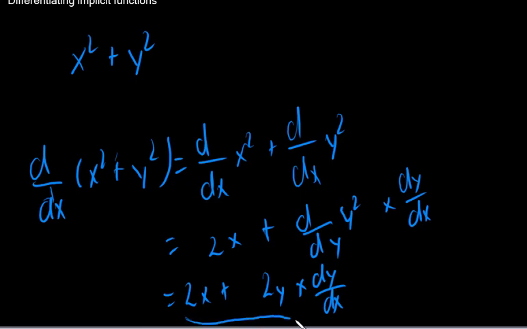So this is the differentiation of x squared plus y squared, in which you put the y variable to one part and the x variable to one part, and then differentiate each of them. When you differentiate y, there's usually dy over dx at the back.